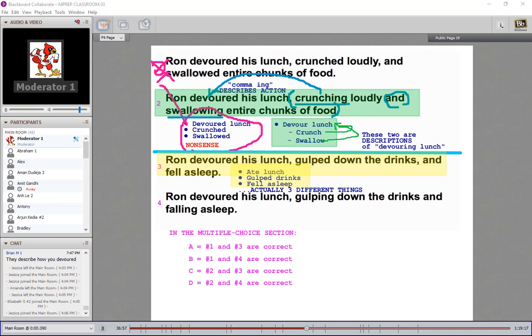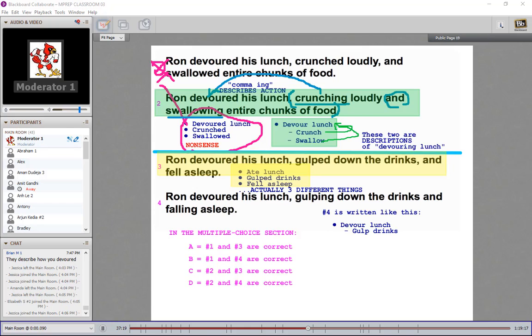The structure of number 4 is exactly the same as the structure of number 2, but it doesn't make any sense because number 4 is written like this. It's written like, okay, you devour your lunch, and then as a sub-point of that, you gulp drinks.